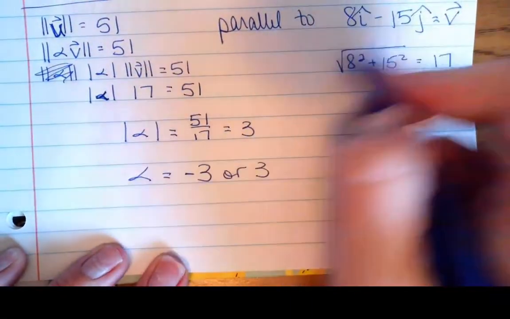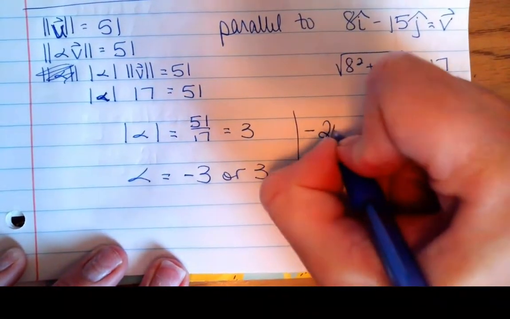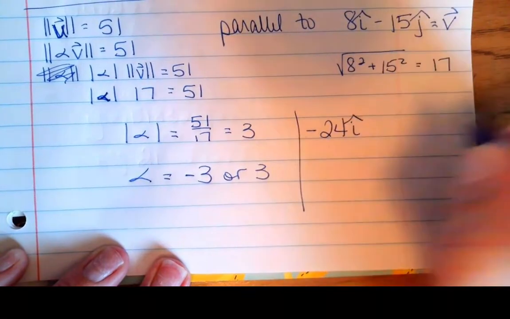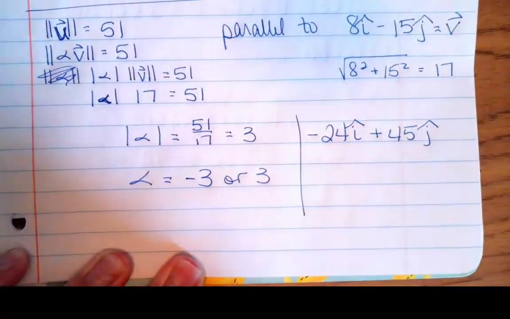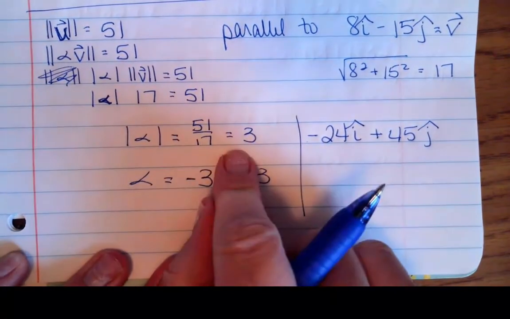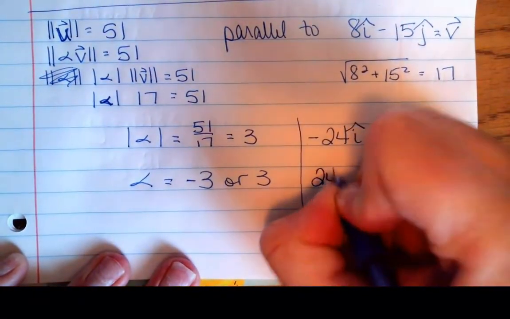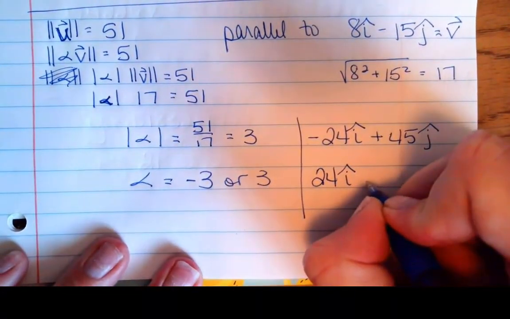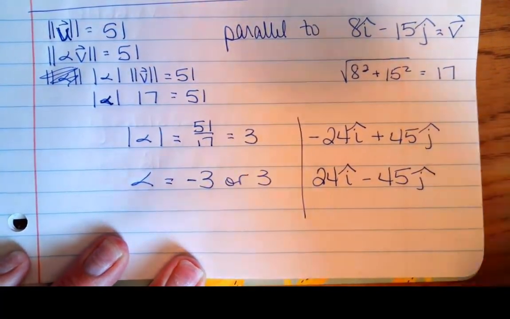I can choose negative 3 times those, which will give me a negative 24 on i, and then a plus 45 on j. So that is parallel with a magnitude of 51. Or I can multiply through by positive 3. So that will give me 24 on i, and then minus 45 on j.